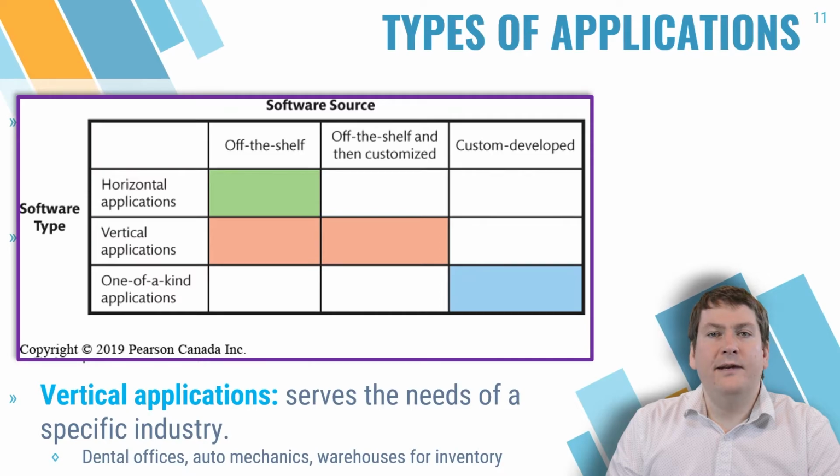Vertical applications can either be off-the-shelf software that works out of the box, or off-the-shelf software that is customized for the needs of a business first. For example, a company might use open source software, which they then modify for their needs. One-of-a-kind software applications are mostly custom developed by the organization using them, or they hire a third party to work on behalf of the organization to create them.